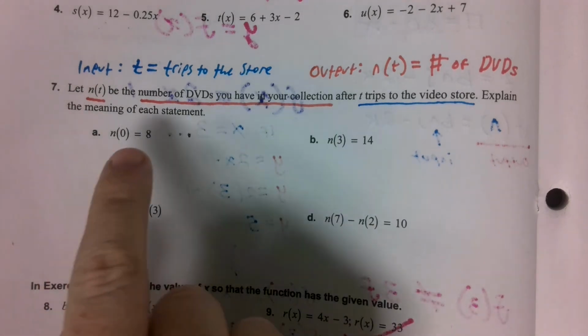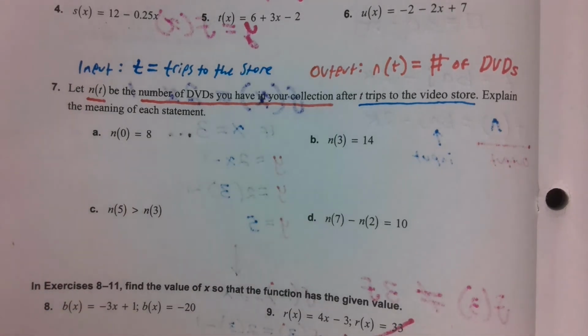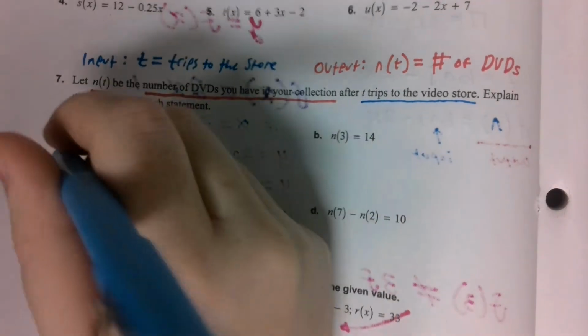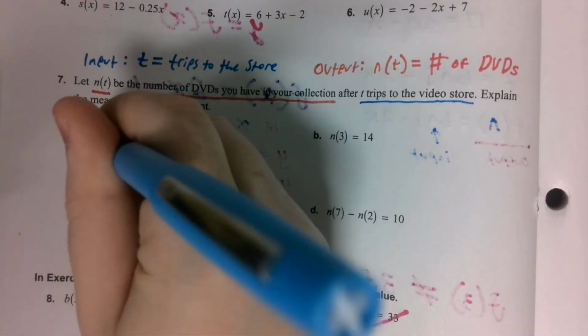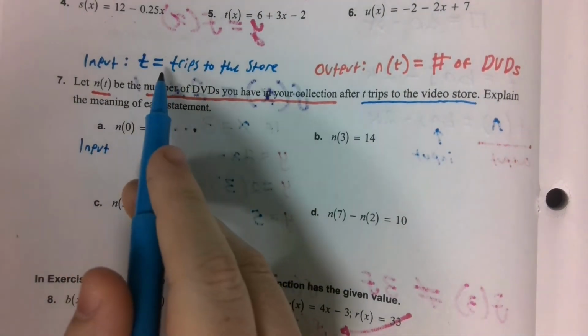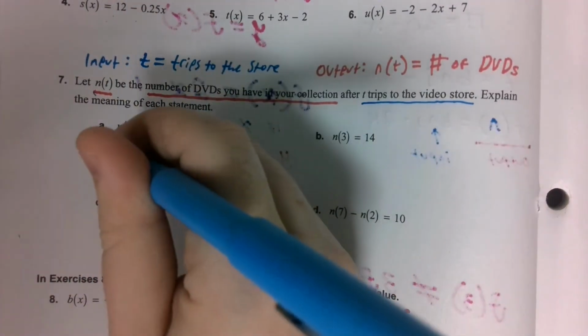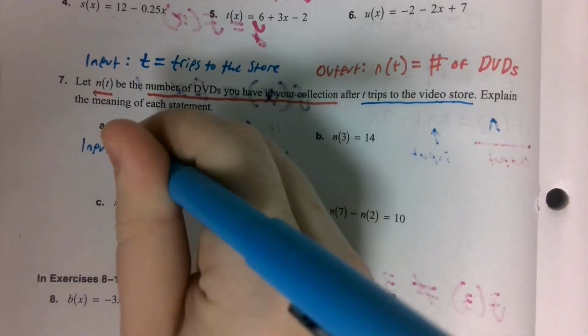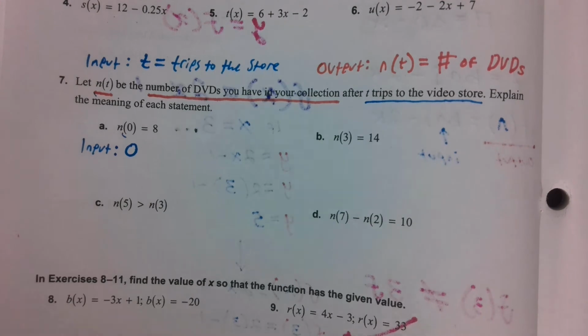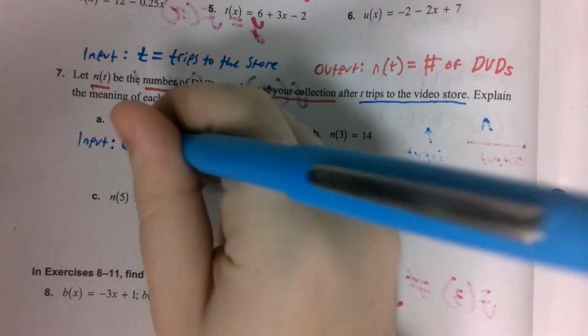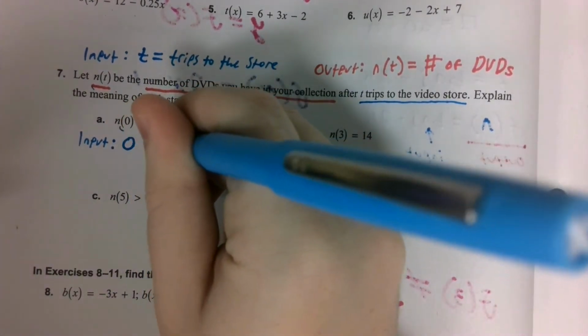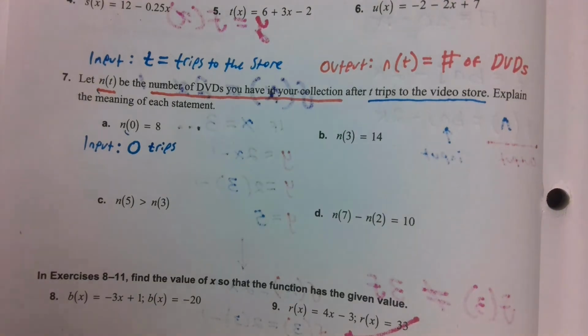So here we have n of 0 equals 8, and you have to ask yourself, what's your input, what's your output, what does it mean? Well, our input is t. Instead of n of t, I have n of 0. So that means my input is 0. 0 what? You should always put your units with these type of problems. Well, t is the trips to the video store, so 0 trips is what I'm inputting.